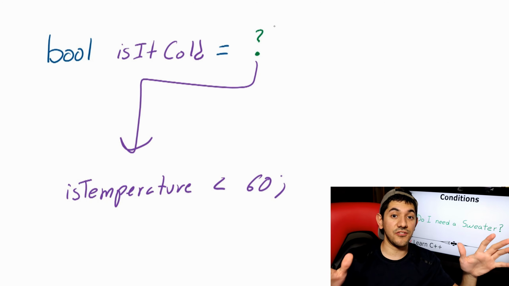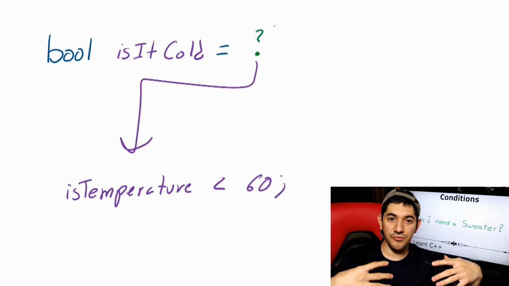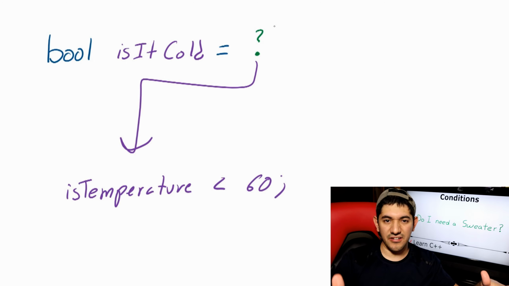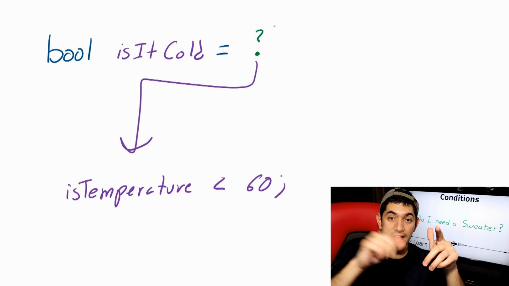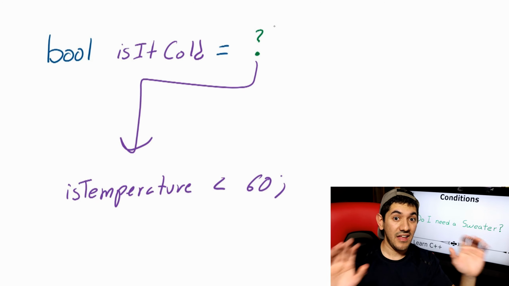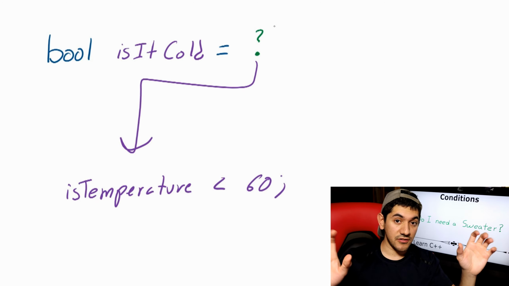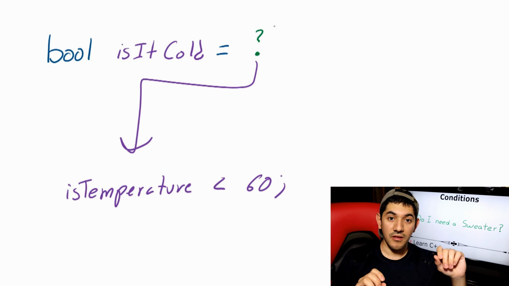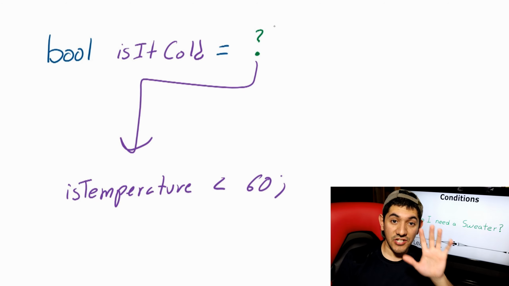Let's say if it's below 60, I think it's cold, I'm going to wear a sweater. If it's above 60, I don't need a sweater, I can handle it. So I can ask the question, is temperature less than 60, right? The condition, is it cold, became the same question, but now using a relational operator as, is temperature less than 60? We can code that.